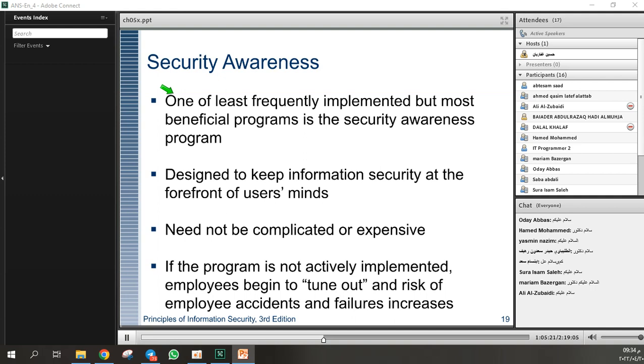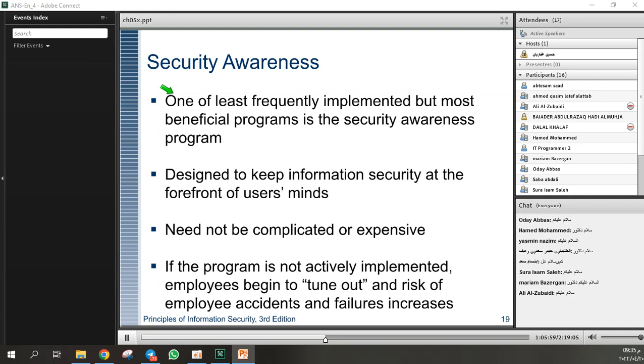Okay, you just need to print some pages and put them in corridors, or send those awareness declarations as an email, as an SMS, as a regular letter to employees, or repeat them by a speaker, something like that.